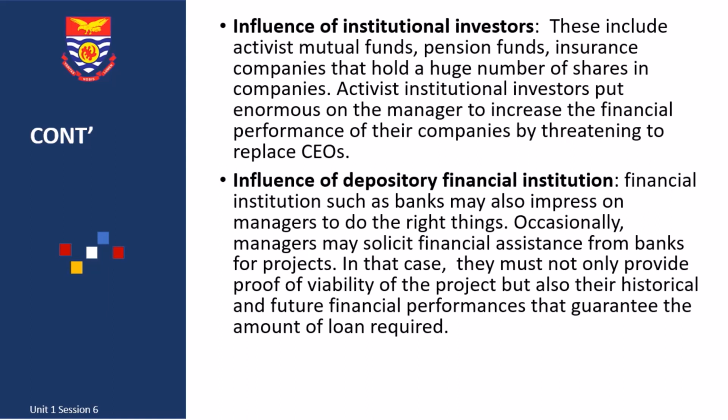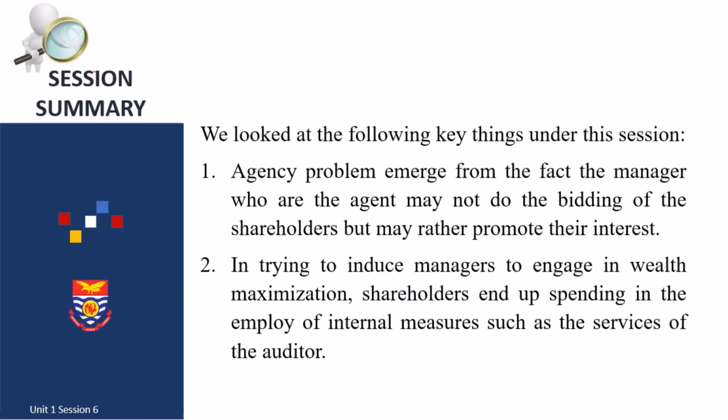If your financial statement doesn't speak well of the company, you may not be guaranteed the amount that you require. If you perform well, you get access to any financial assistance the company might need. This was a brief section about how to mitigate agency problem.